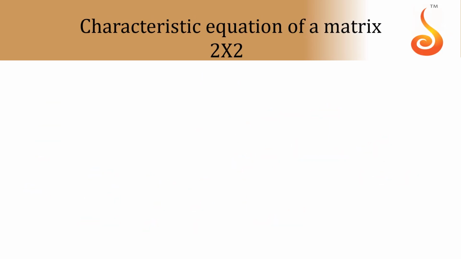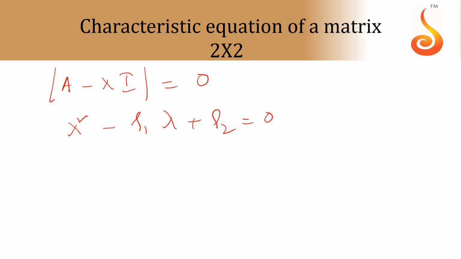Characteristic equation of a matrix. What do we mean by that? Suppose A is a square matrix, assume 2 by 2. Then det of A minus lambda I equal to 0. If you equate that determinant to 0 and expand it, you will get an equation in lambda, which will be lambda square minus S1 lambda plus S2 equal to 0.